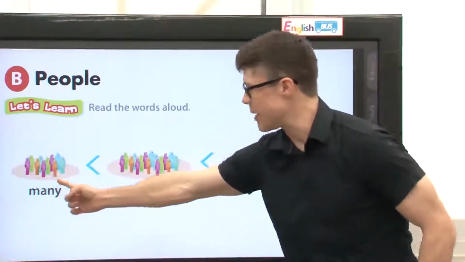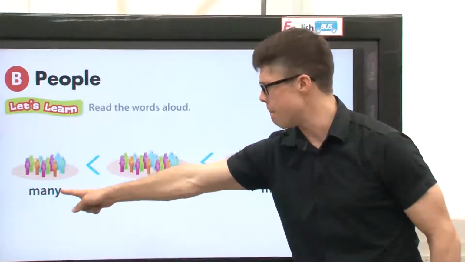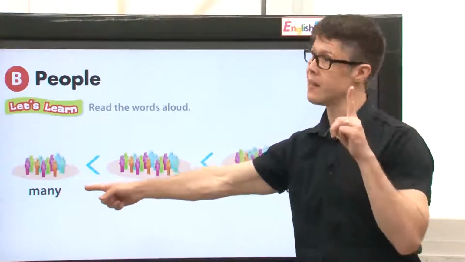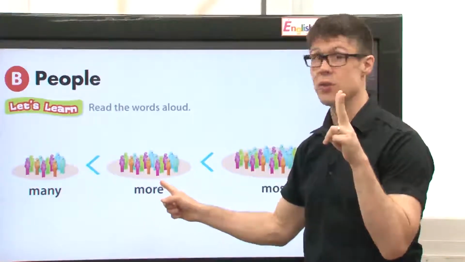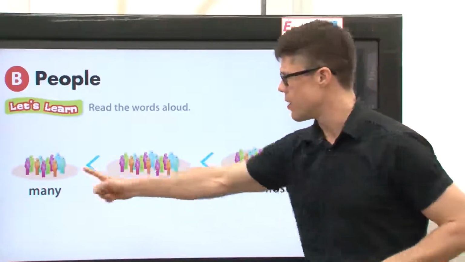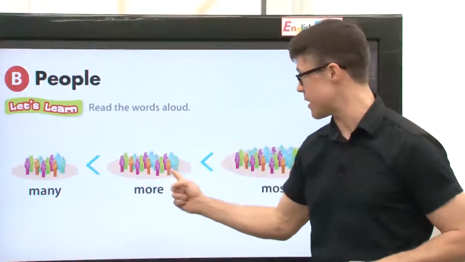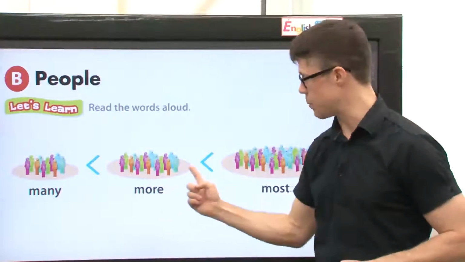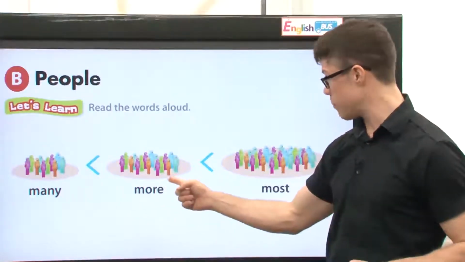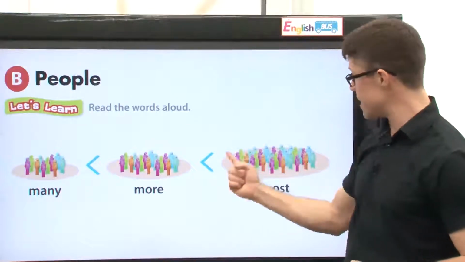Let's read more about people in the world. Here, maybe like United States, is many. Look at that, there's many people. But after that, there's India. Look, India has more. This is many people, but this is more people. And this is even more.